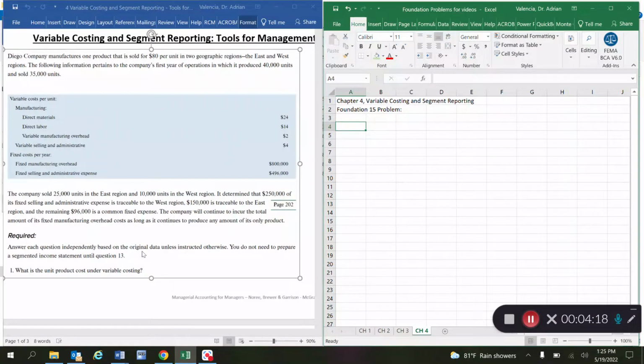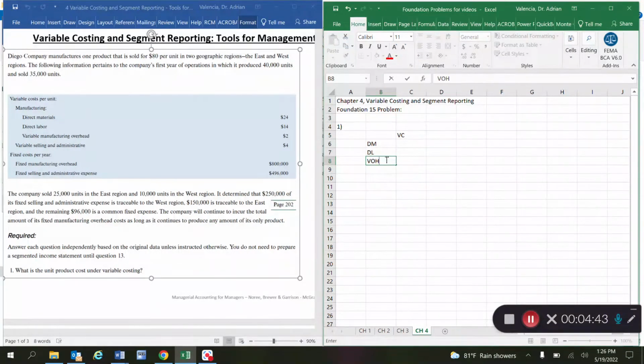Okay, so let's start with 1. Under 1, what is the unit product cost under variable costing? Okay, so we're going to go in here and we're going to do variable costing, and we have direct materials, direct labor, variable overhead as well. So we'll put that over here.